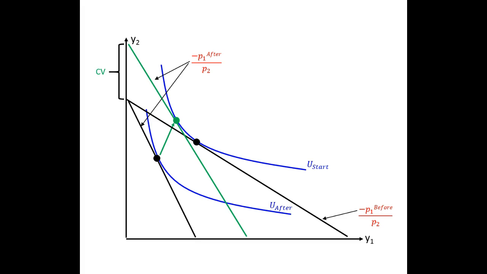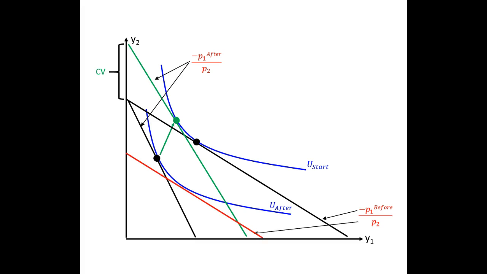The other way of doing this is that we can compensate before the price has changed, and in this case it has to do with how much money we can take away from the consumer at the old prices to give her a utility that is equal to the one that she would receive after the price change.